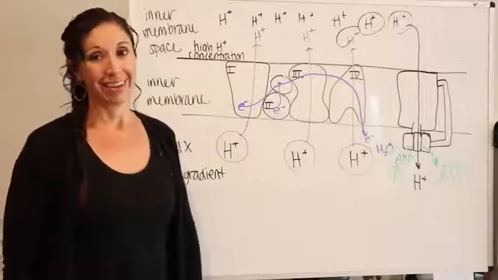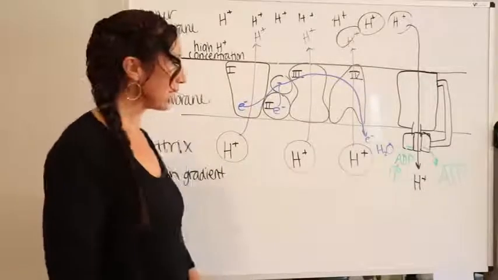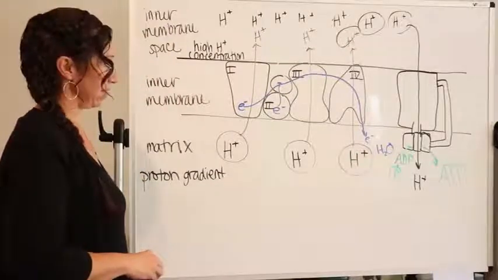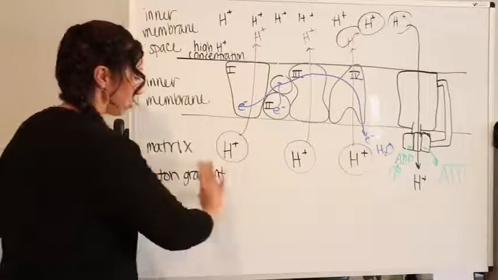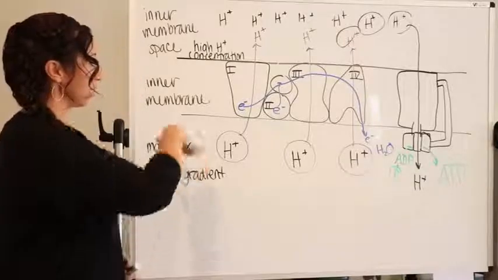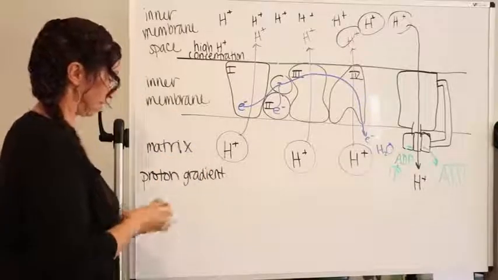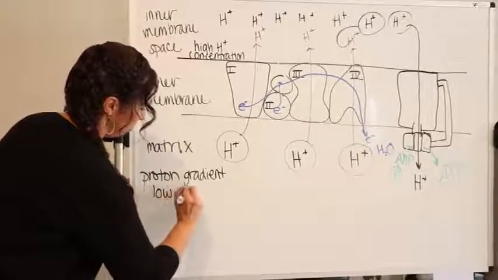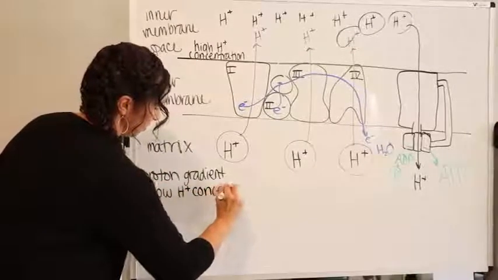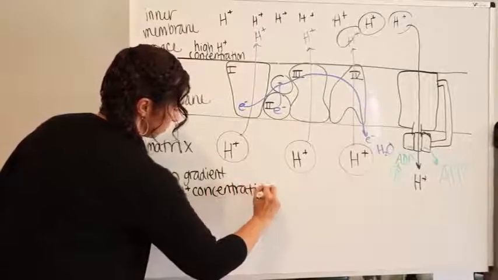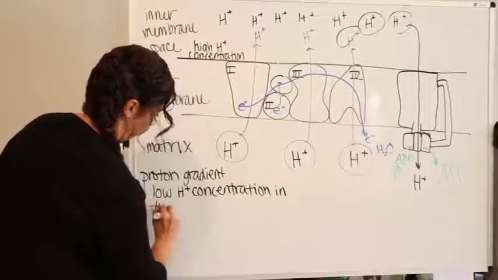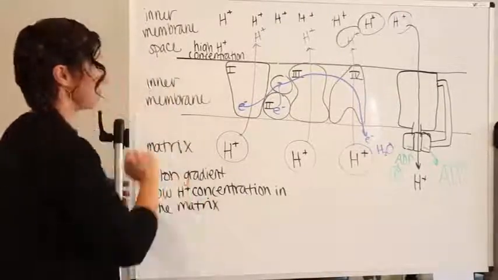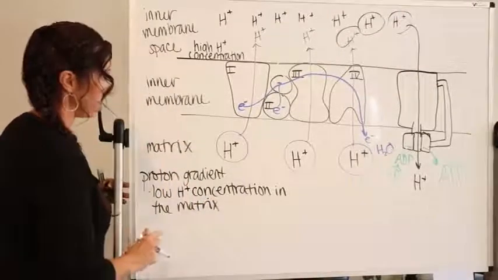That is chemiosmosis. So the things I want you to remember about chemiosmosis is that you have a proton gradient established across the inner membrane. It is low proton concentration in the matrix, high in the intermembrane space.